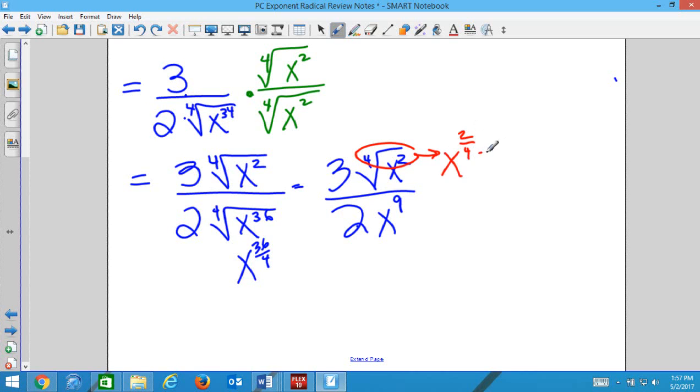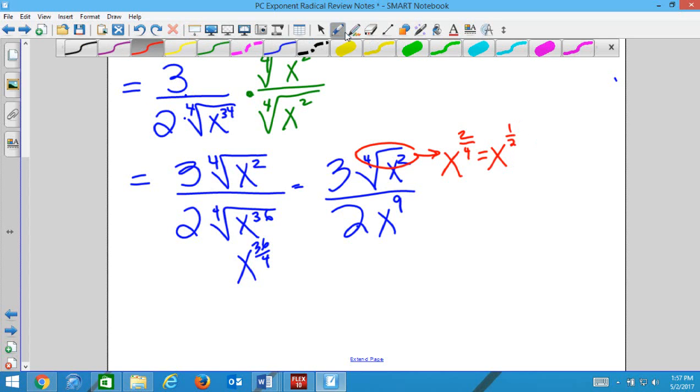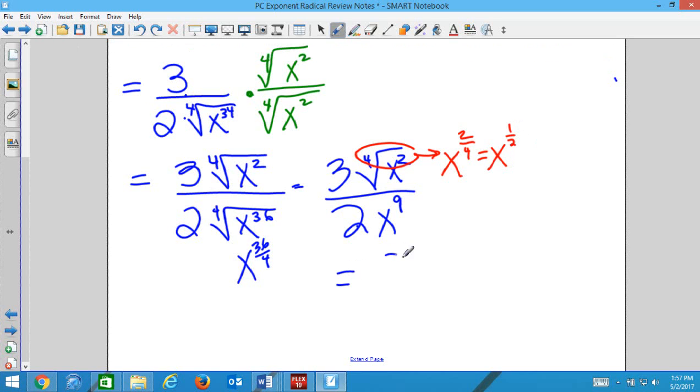Well, that's the exact same thing as x to the 1/2. So since that's simplified, I'm going to write it as 3 square root x over x to the 9th. And I got that square root because x to the 1/2 is a root of 2.